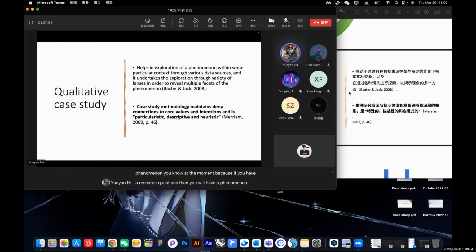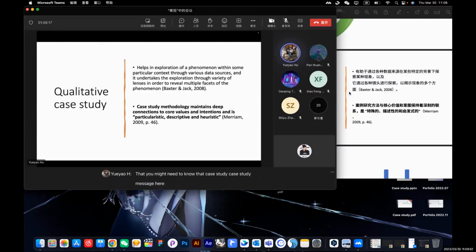So with this phenomenon, how is case study going to help you explore it? What kind of information do you need here, and how are you going to use case study to explore it? That's the thing you might need to know.